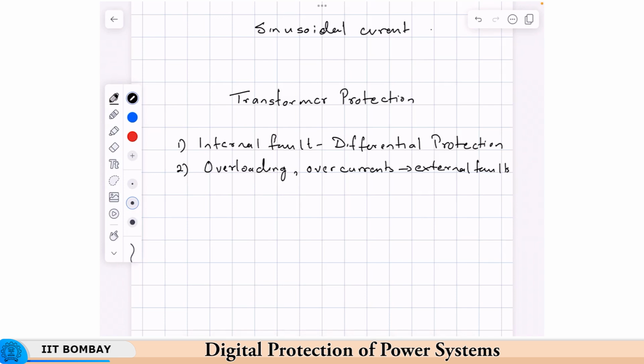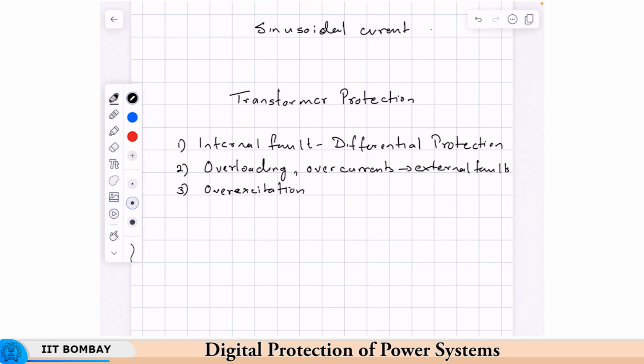The third type which could lead to damage in the transformer is over-excitation. Transformers, as you know, are operated very near to the knee point of the material for greater efficiency.